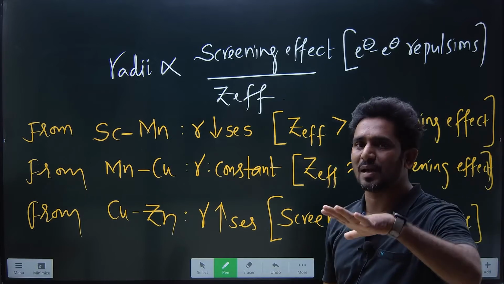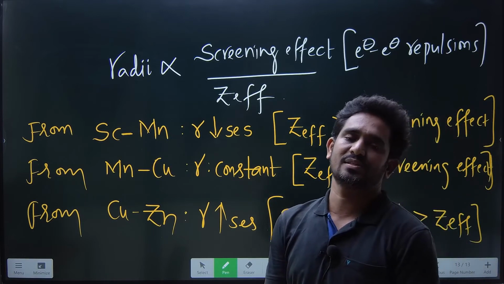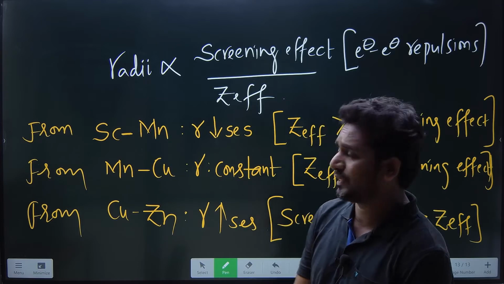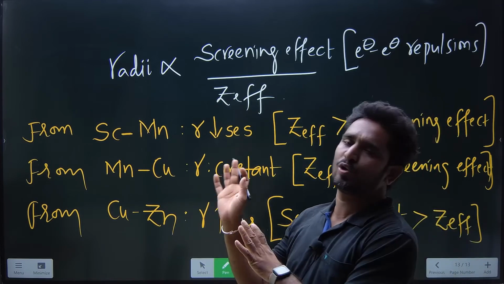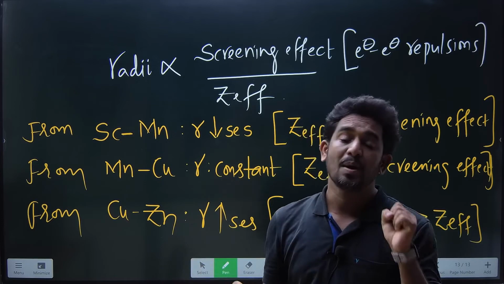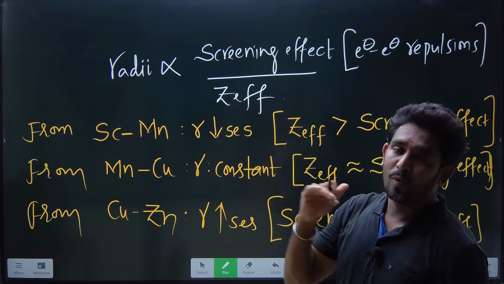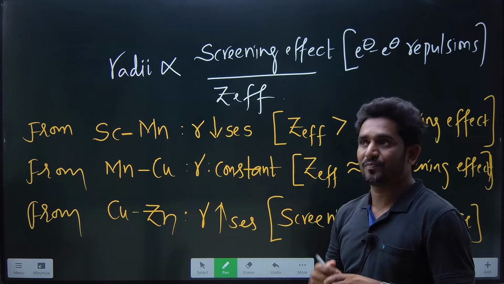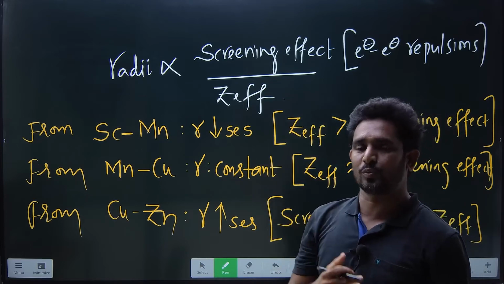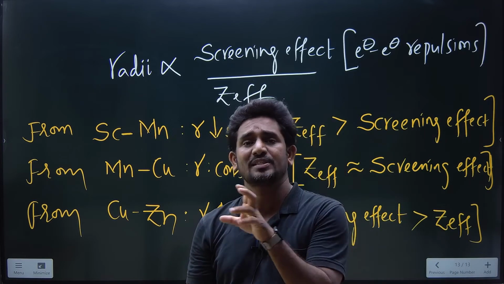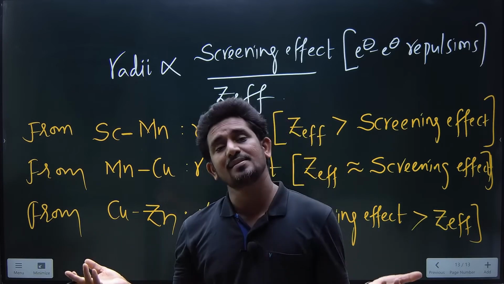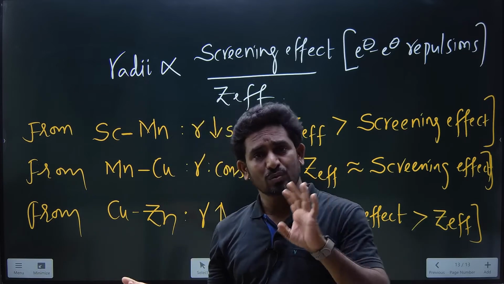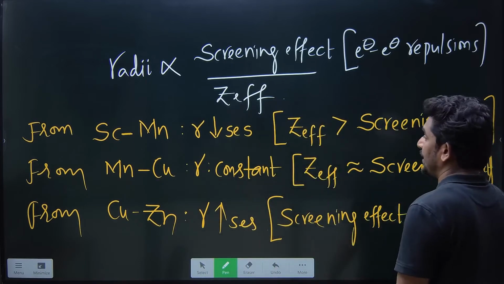ठीक है, so this is observed in 3d series. ठीक है, right? So same observation in 4d as well as 5d. Same, दोनों भी same. ठीक है, but top to bottom, down the group, always the number of shells increases. No, when the number of shells increases, radii increases. ठीक है, so no doubt it increases, but there is one condition here.